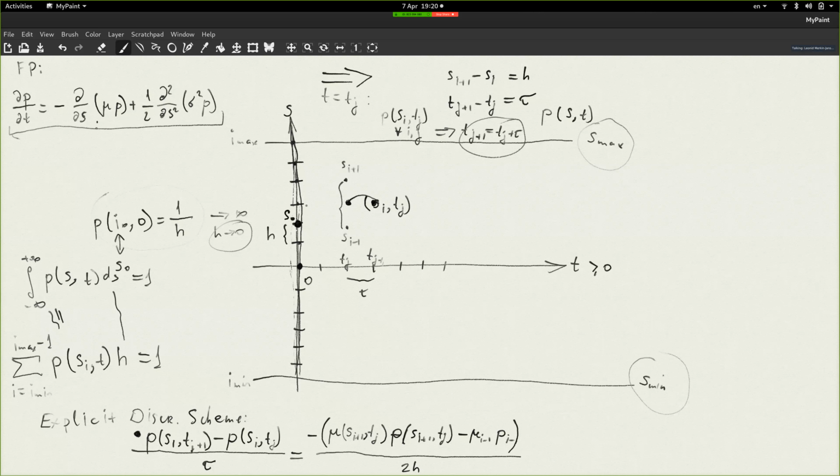Now there is a finite difference approximation of the second derivative. You can very easily see that the second derivative is approximated in a similar way.